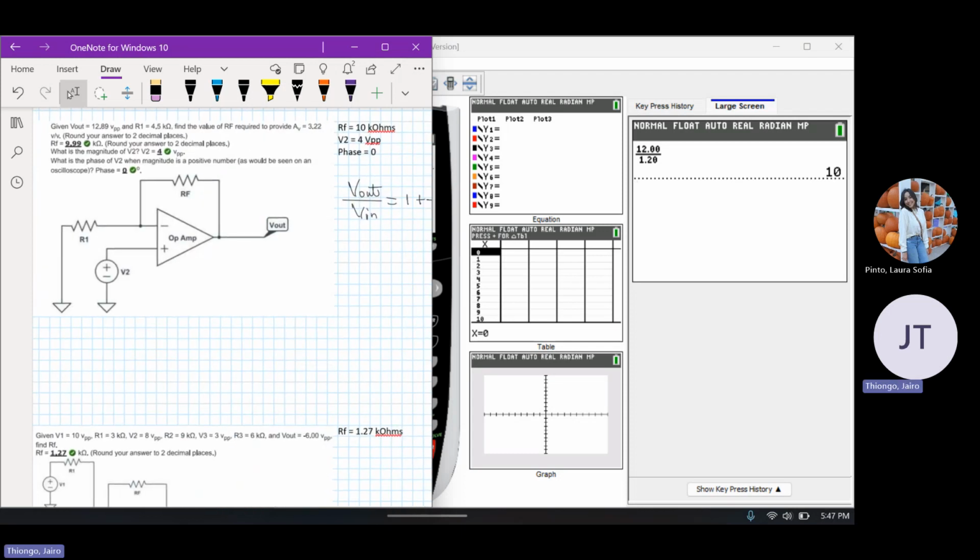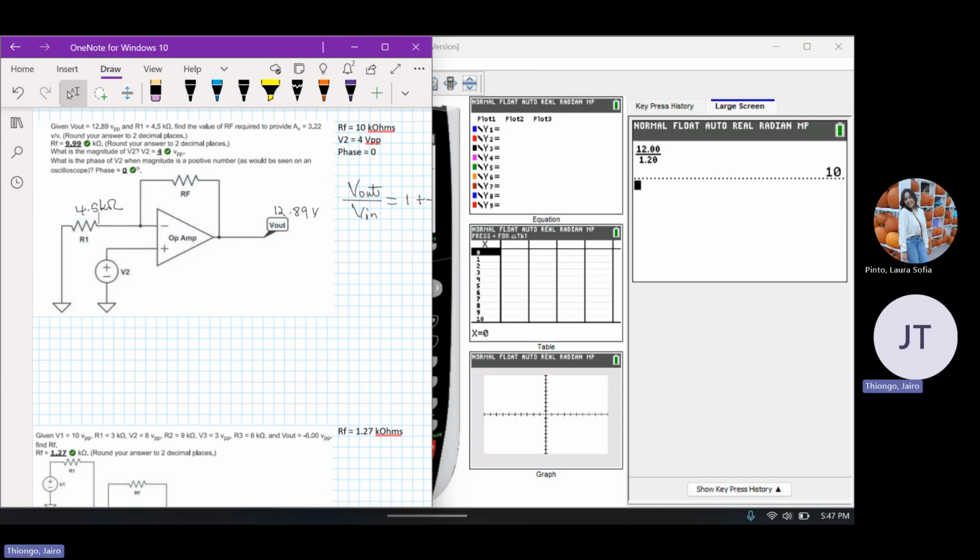From our question, we've been given V out as 12.89 volts. We also have Ri, or our input, or R1, at 4.5 kilo ohms.